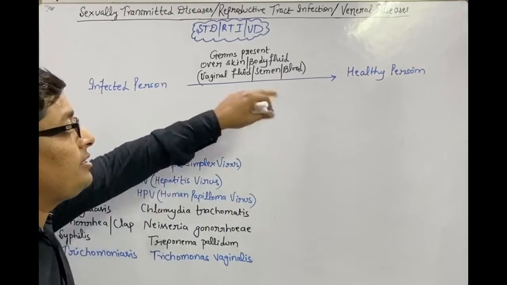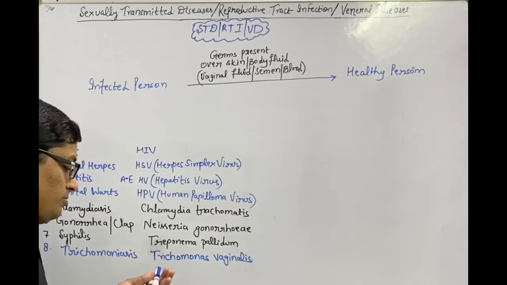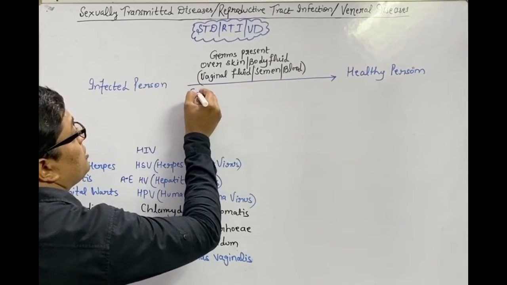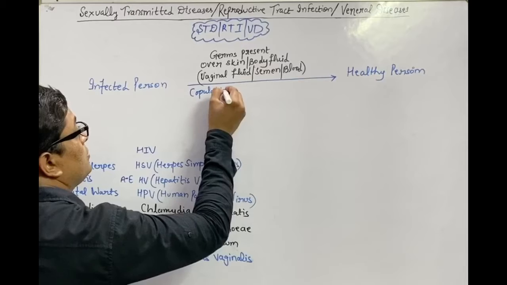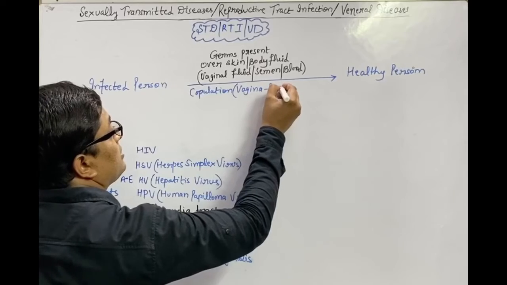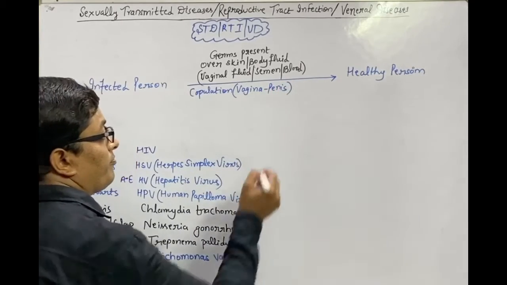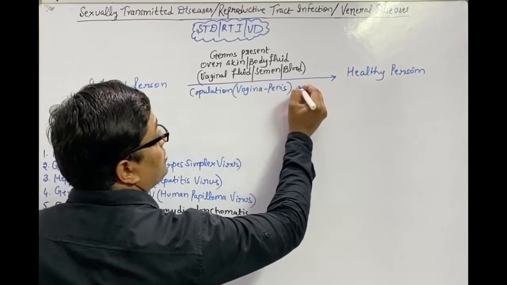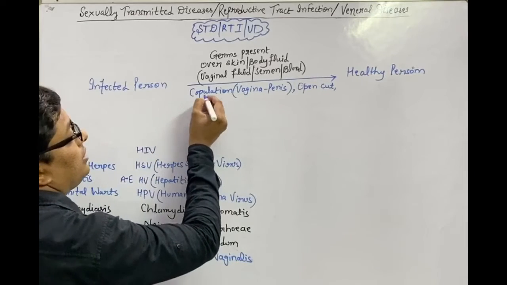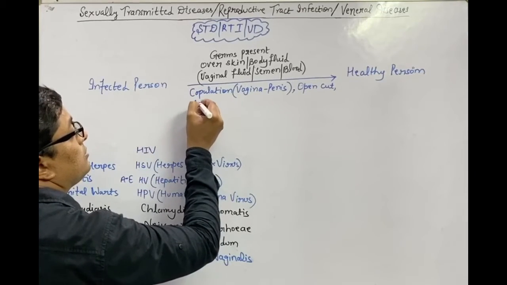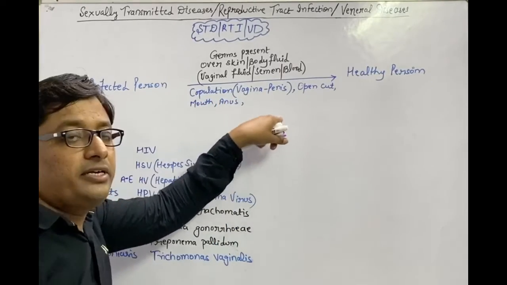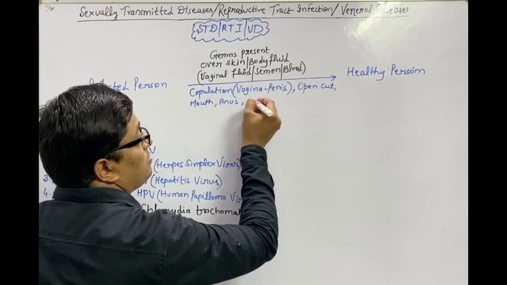The contact can be of different types: copulation, meaning vagina-penis interaction, an open cut over the body, through the mouth, through the anus, use of an infected needle, surgical instruments, or blood transfusion.